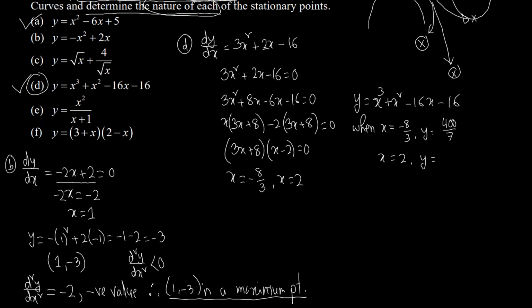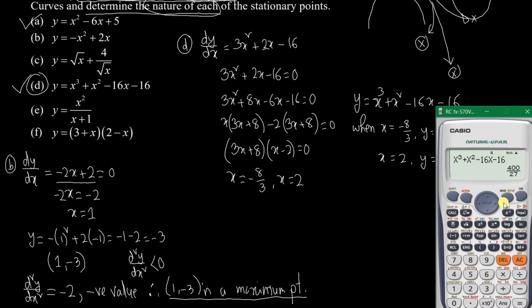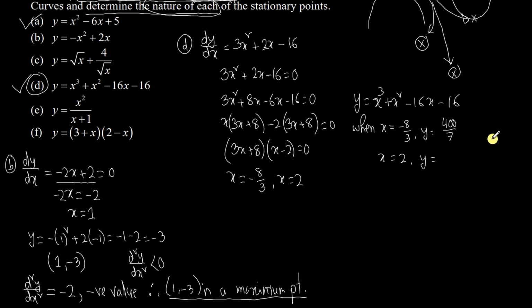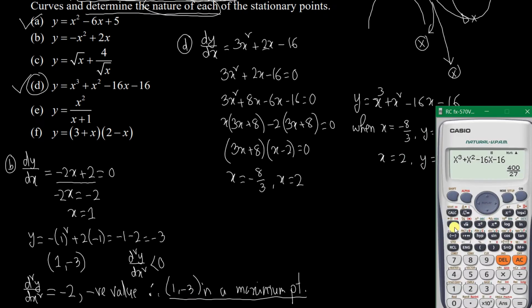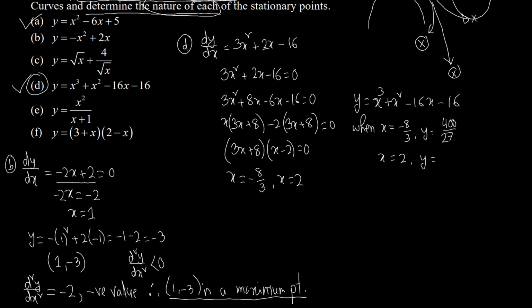We need to use the calculator again. The first was 400 by 27. For the second value we press calculate again with 2, and it gives us minus 36.